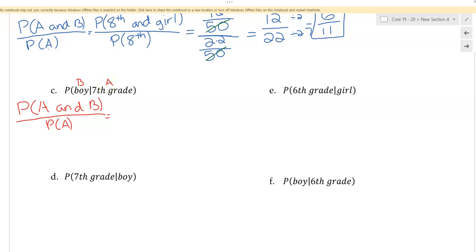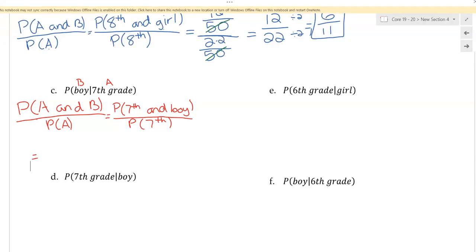I know we want to go in alphabetical order, but it doesn't work that way. So A and B is the probability of 7th and boy over probability of A is 7th.